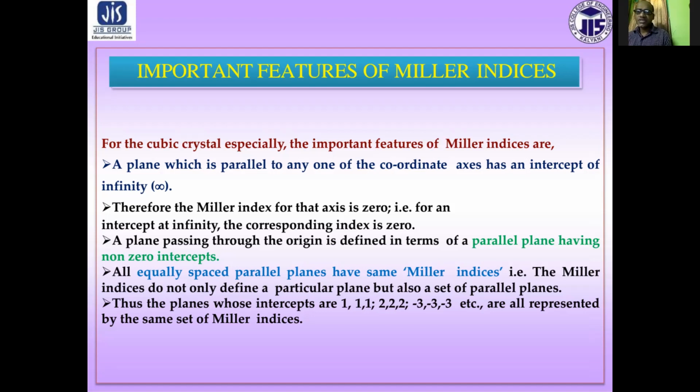That is, the Miller indices do not only define a particular plane but also a set of parallel planes. Thus, the planes whose intercepts are 1, 1, 1 or 2, 2, 2 or -3, -3, -3, etc. are all represented by the same set of Miller indices.